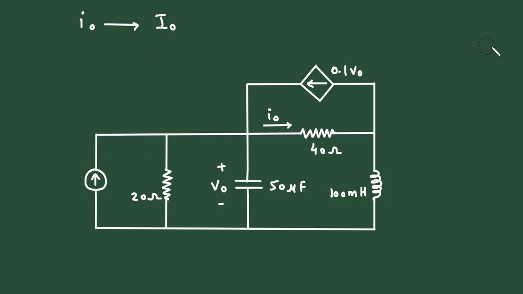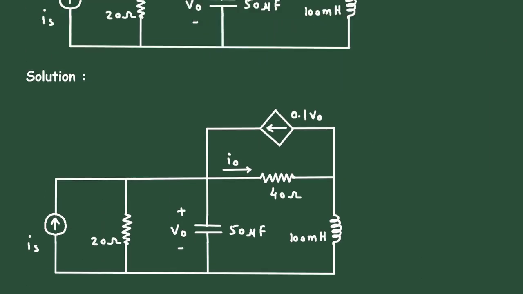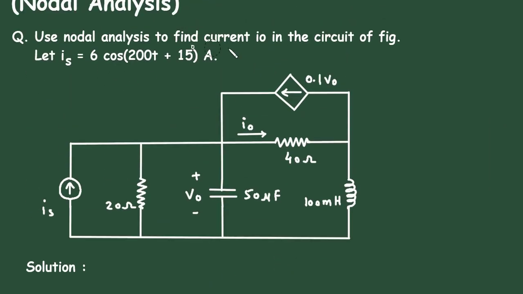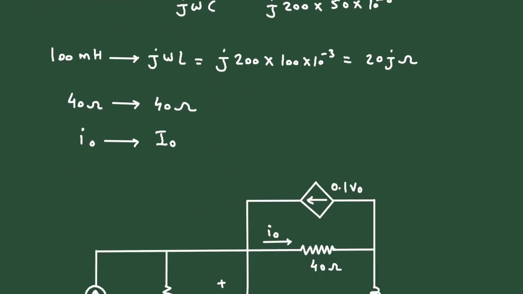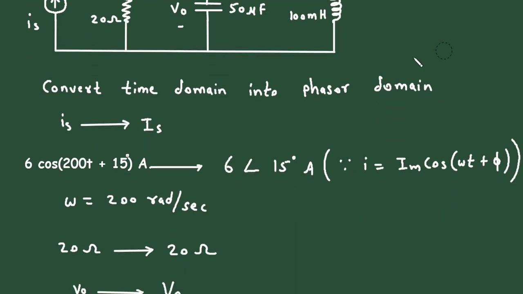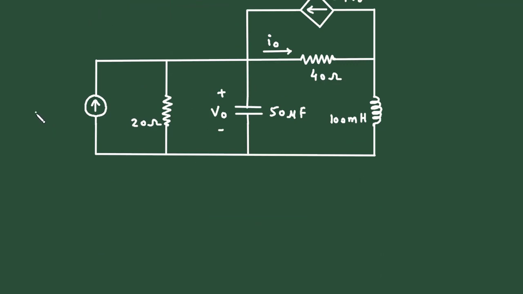So this Is will change to 6 at an angle 15 degree ampere. This 20 ohm will remain the same.